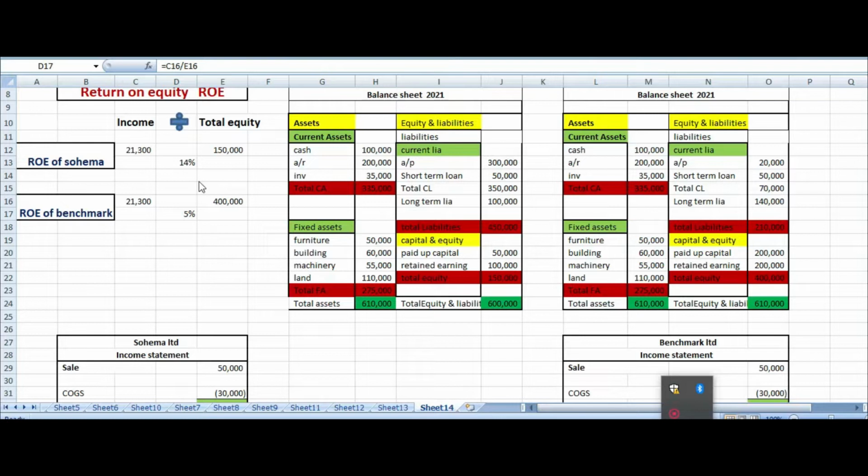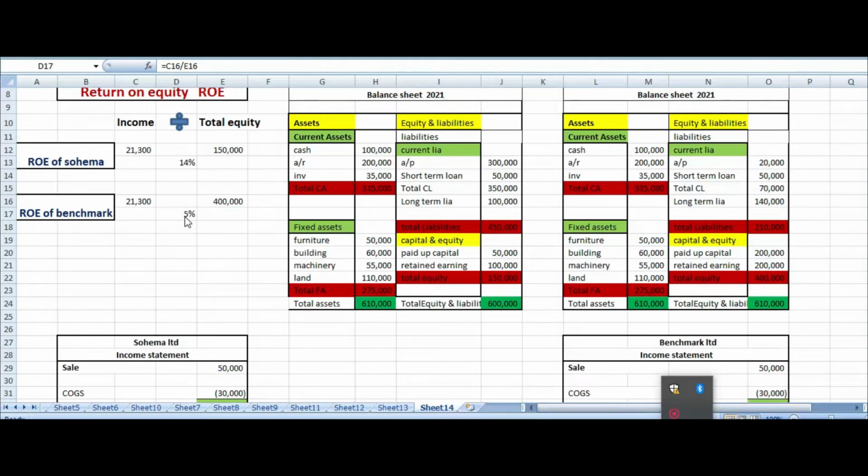When it comes to return on equity, this is a general overall measure of company performance. Here Soima Limited has a return on equity of 14%. This is comparatively better than benchmark, which has 5% return on equity, which is considered not good.